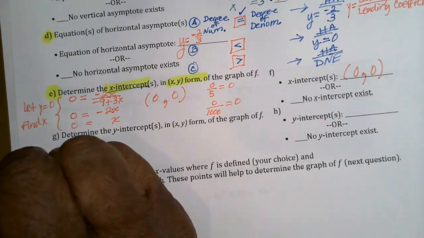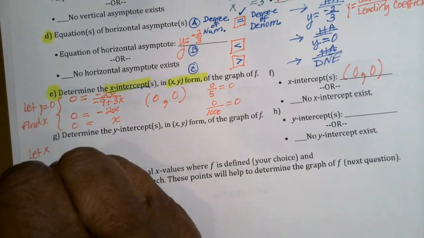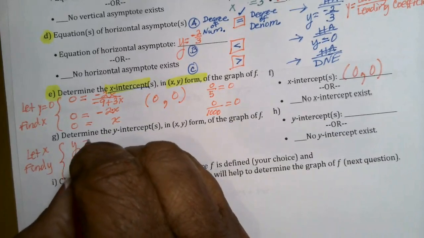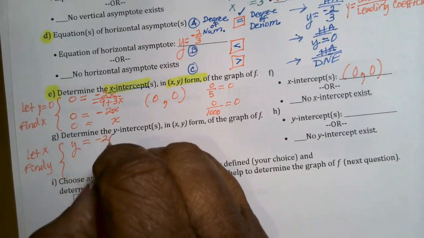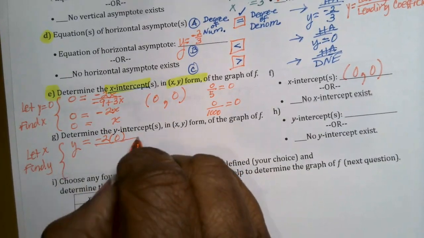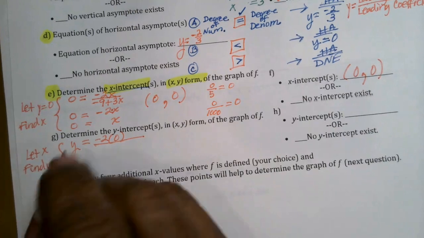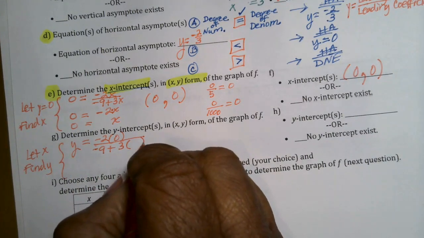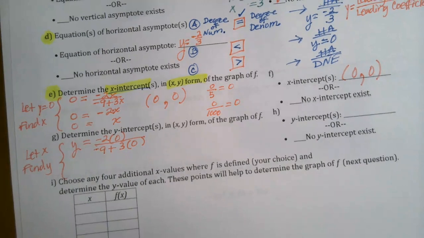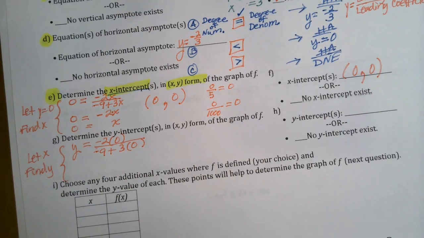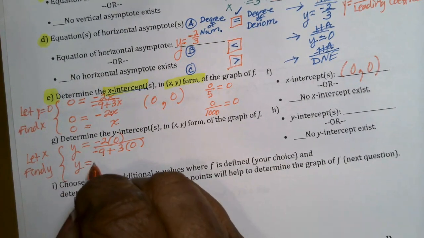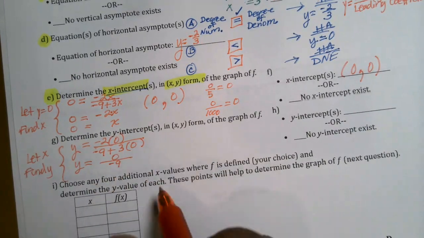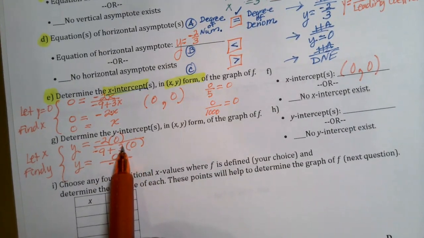This time we're going to let x equal 0 and find y. So we have our y, and in place of x, we're going to put 0 in: negative 2 times x over negative 9 plus 3x. And what we get is y equals 0 in the top, negative 9 below, because 3 times 0 is 0.